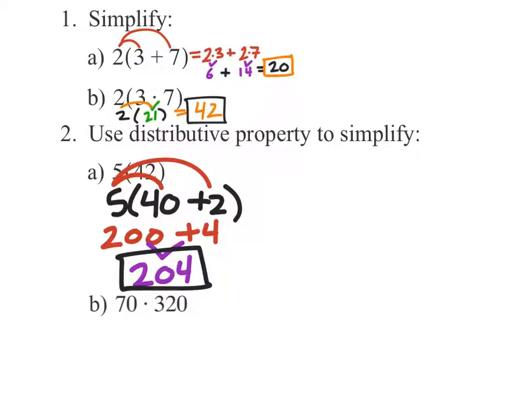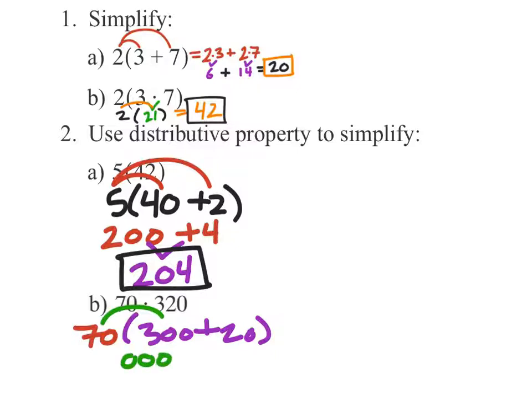So we'll do the same method on this next one. We're going to do 70, and we're going to multiply that by 300 plus 20. Alright, now I don't need the 0 in the ones place because it's just multiplied by 0. Anything multiplied by 0 is 0. So distributing the 70 times 300, it's going to give us the 3 zeros. 7 times 3 is 21.